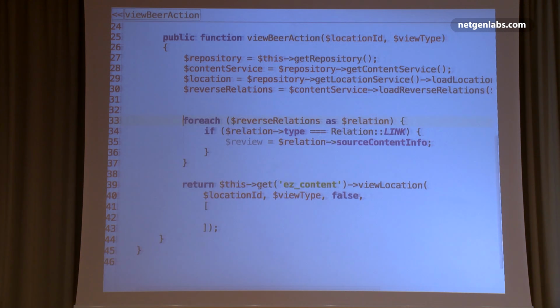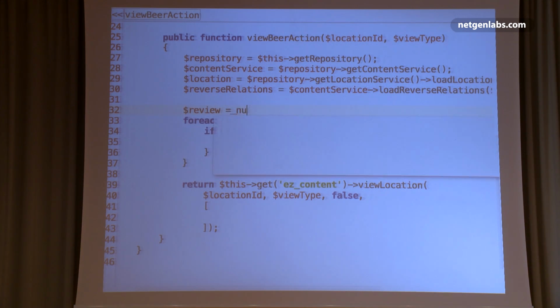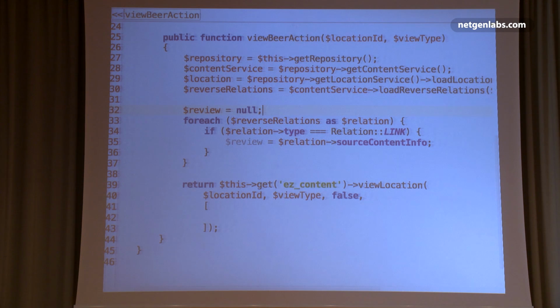Maybe to be safe, we would first define the review as null, and then we just need to assign it to the parameters so that it will be passed to the template. So we're going to add review content info.